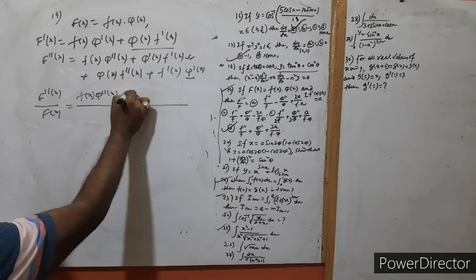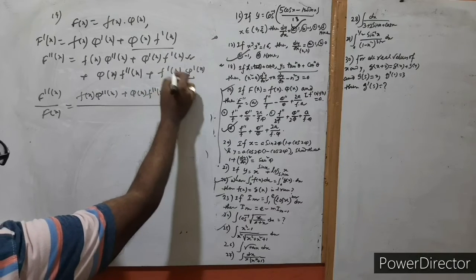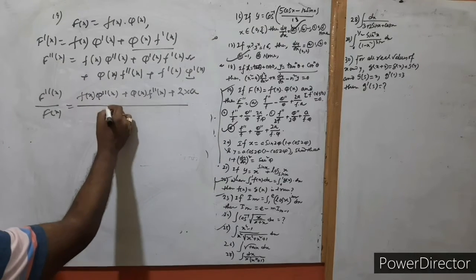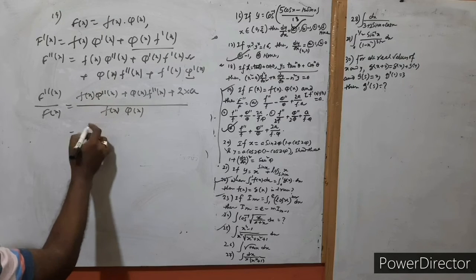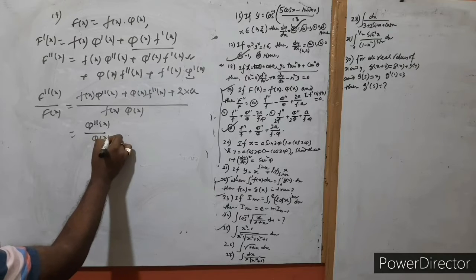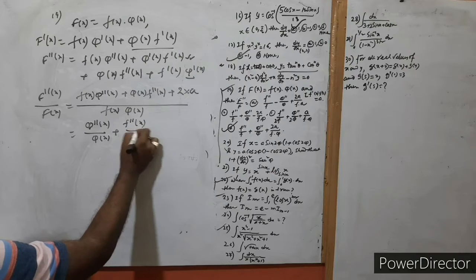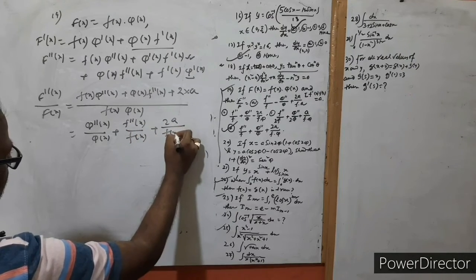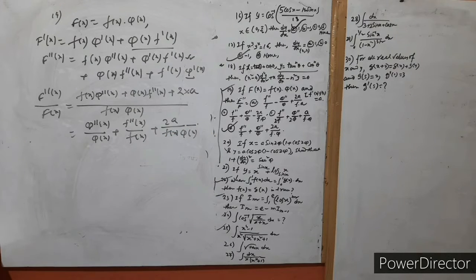dash x, phi of x, f actually double dash x, and this is 2 times of this as a which is given, and f of x is equal to f of x and phi of x, this divided by this is phi double dash x by phi of x, this divided by this, these are cancelled, so f double dash x by f of x, and this is twice a by f of x and phi of x, okay.